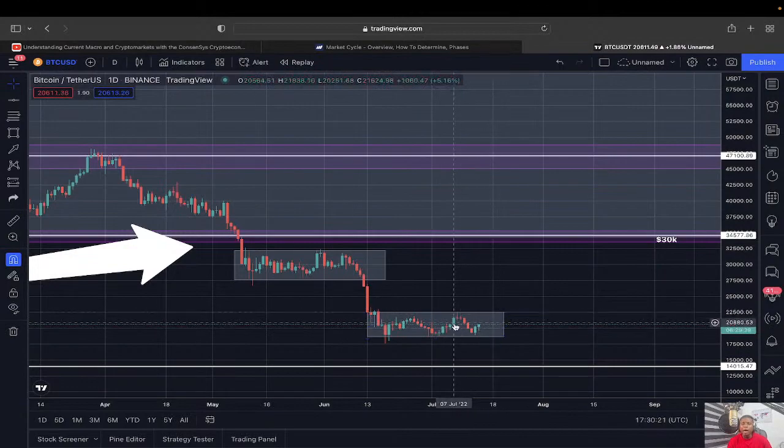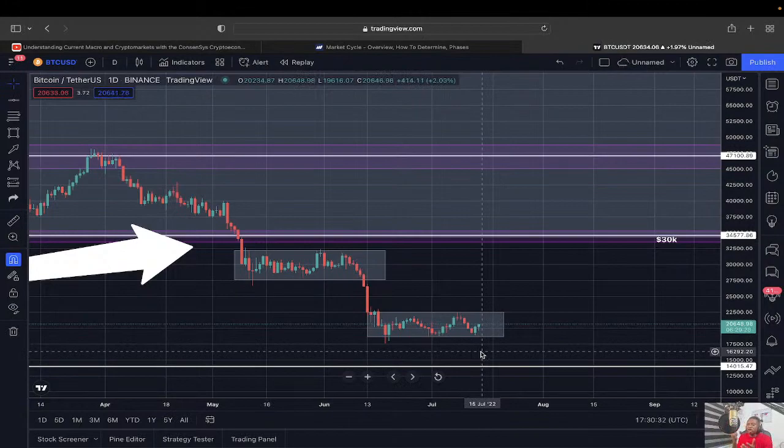Now, what we can do here is to wait for a breakout of this box. A breakout of this box can create a short-term opportunity to lock in on some profits. For scalpers too, they can see some short-term opportunities here.